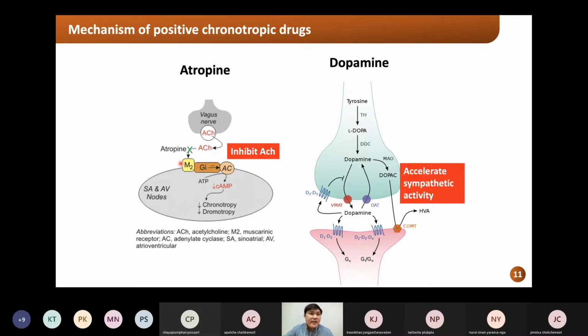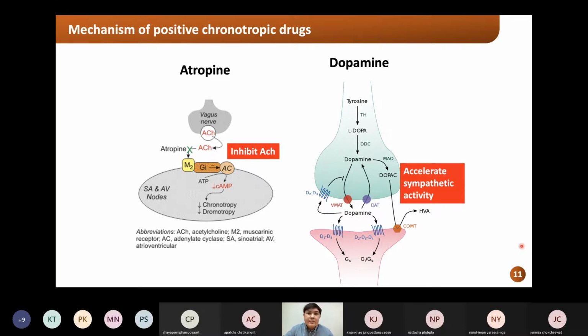And you will see that the vagus nerve is the parasympathetic that already reduces the heart rate. In case we give atropine to the patient, the atropine will inhibit the action of acetylcholine and eventually suppress the parasympathetic action. In this case, the sympathetic nervous system becomes dominant and eventually it can increase heart rate or heart rhythm. And another one is dopamine.